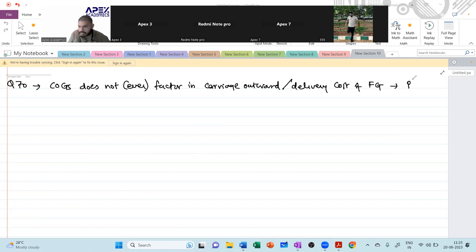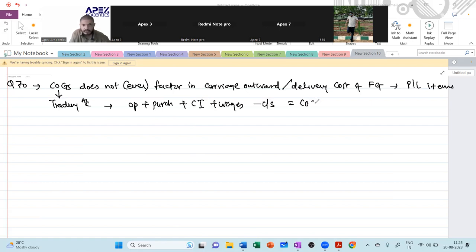Why? Because these are P&L items and COGS is your trading account item, which is opening stock plus purchases plus carriage inwards plus wages minus closing stock is equal to COGS.